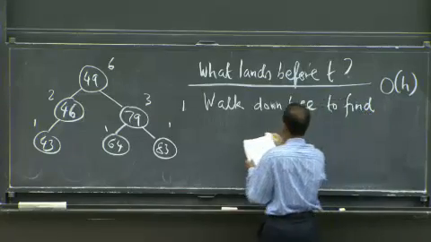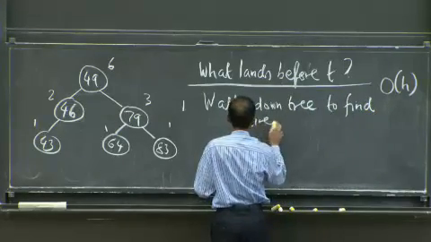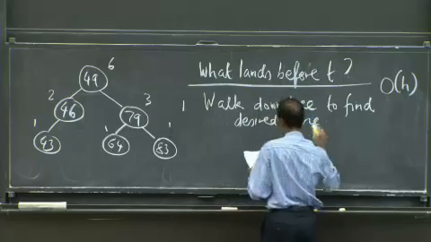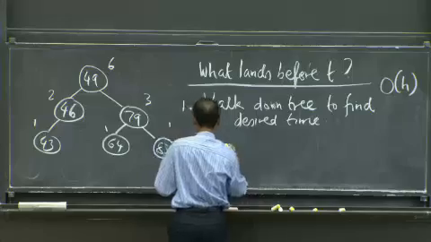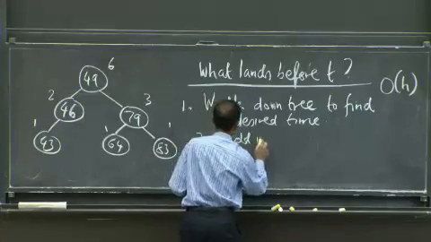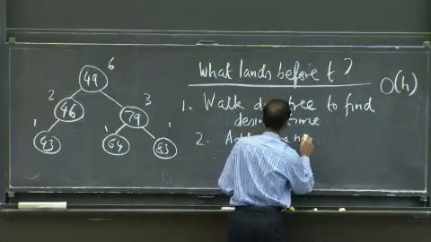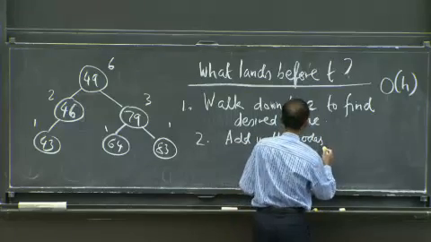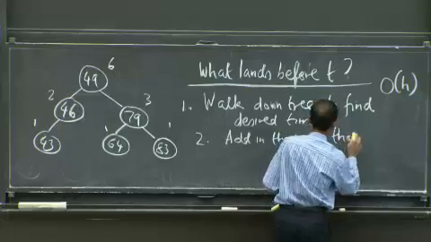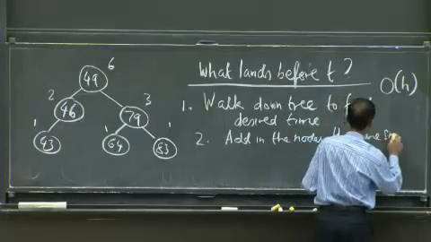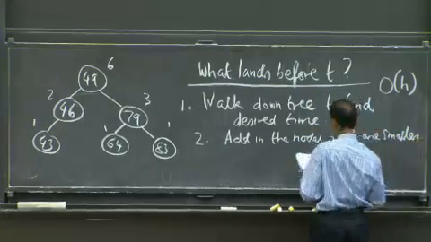You walk down the tree to find the desired time. Okay? This is just your search. Right? We know how to do that. As you walk down, you add in the nodes, that is the subtree sizes. Depending on the number of nodes that you see as you're going deeper in, you want to add in the nodes.